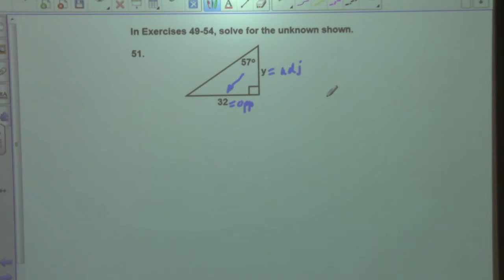Tangent, right? So you'll put tangent of this angle, 57 degrees, equals your opposite over your adjacent. And then you can do some quick algebra jujitsu like Riley and solve for y. Is that what Riley was doing? Some algebra jujitsu?